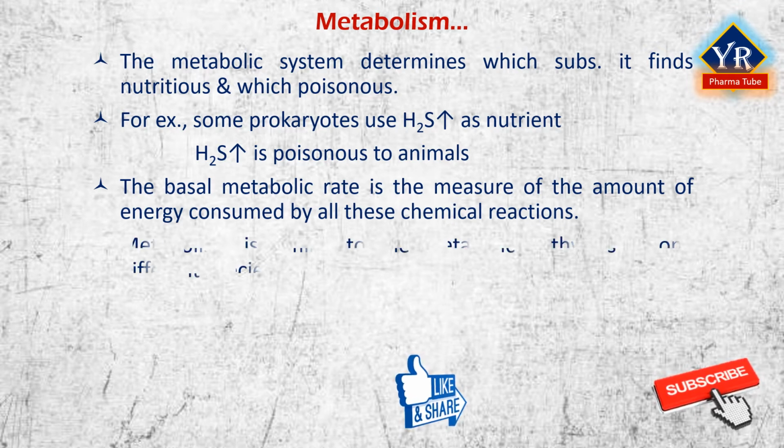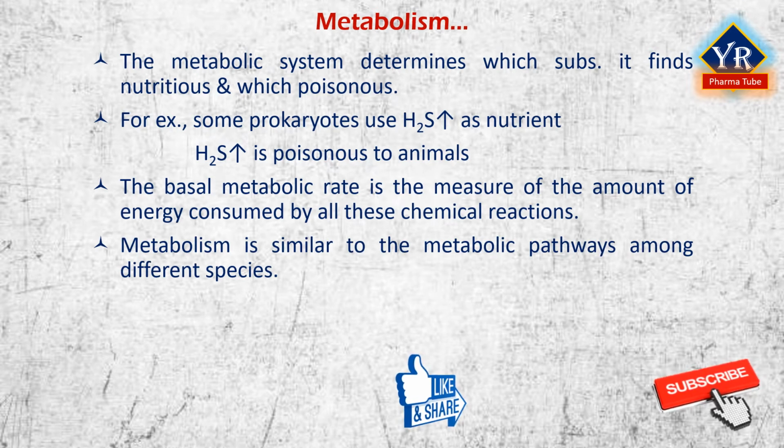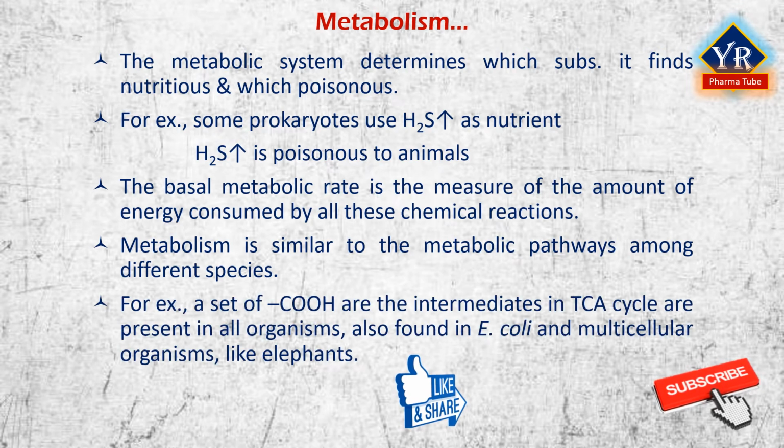A striking feature of metabolism is the similarity of the basic metabolic pathways among vastly different species. For example, a set of carboxylic acids that are best known as the intermediates in the citric acid cycle are present in all known organisms, being found in species as diverse as the unicellular bacterium, that is E. coli, and huge multicellular organisms like elephants.